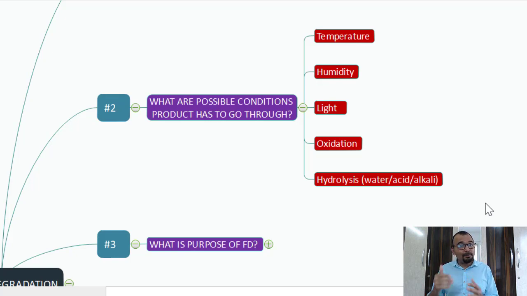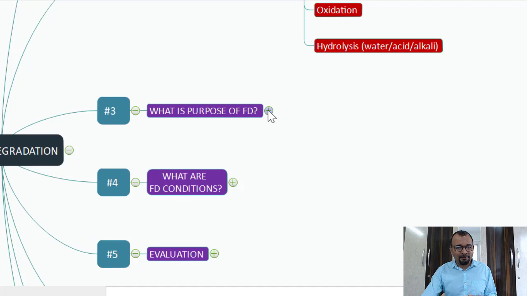So these are the possible conditions that a product can experience throughout its shelf life, and hence it is very important to understand whether all these conditions are considered during designing of the forced degradation study. If you are not going to consider these conditions as a part of your forced degradation, probably your study will be incomplete. So what is the purpose of forced degradation?